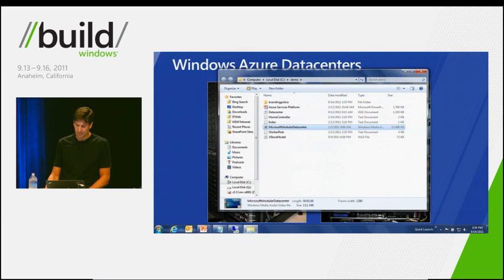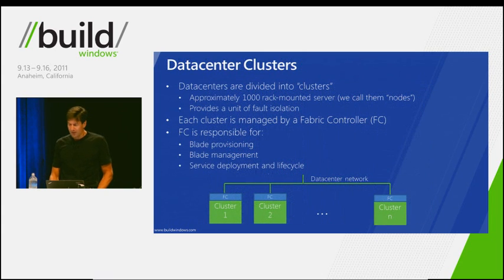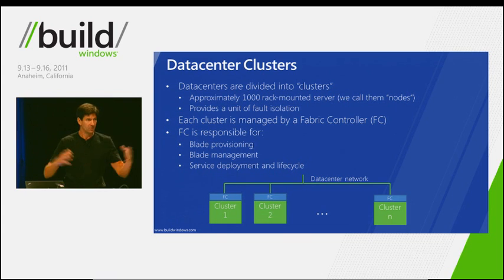But inside, still, from a logical perspective, you see what you saw in the previous slide. What we do from a software management perspective is we divide the data center into groups of racks that we call together a cluster. A cluster is roughly 1,000 servers, typically around the neighborhood of 20 racks. And this is variable and can change over time, but right now that's our unit of fault isolation.